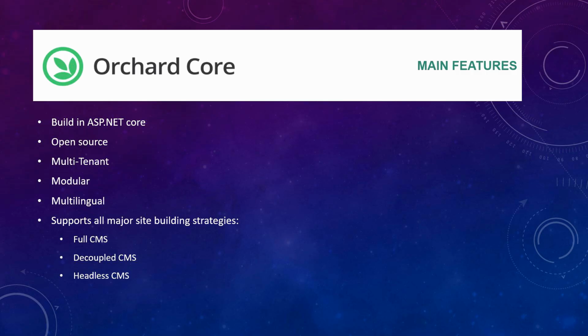there is a third option, and the third option is the headless CMS mode, where Orchard Core exposes an API using GraphQL, allowing you to query the relevant content for a separate front end.